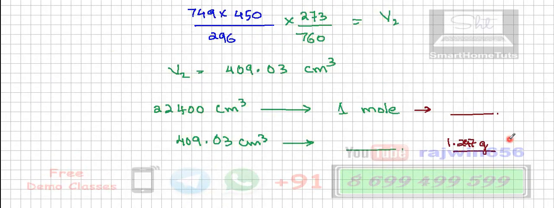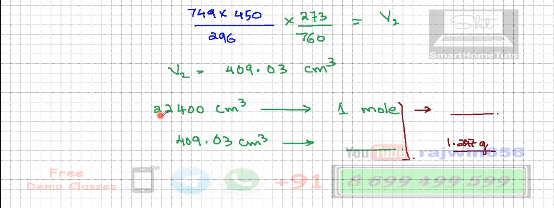Okay. We don't need moles, so we can skip this part directly. So 409.03 centimeter cube, this is the mass. The mass is given to us. That many moles, whatever is there.